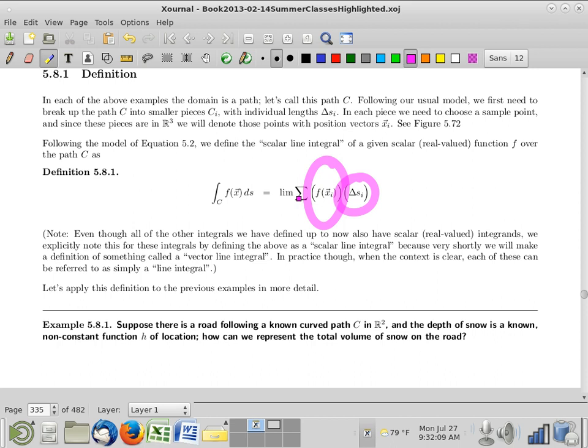Maybe I'm multiplying something else times length because I'm computing an answer to a different application. But for whatever reason, I'm multiplying by some integrand, thus giving me the answer to the question I'm looking for on that smaller piece, and then I want to add up over all the pieces that I've broken the domain up into. Okay, so this is what that definition looks like, and our corresponding notation for that.